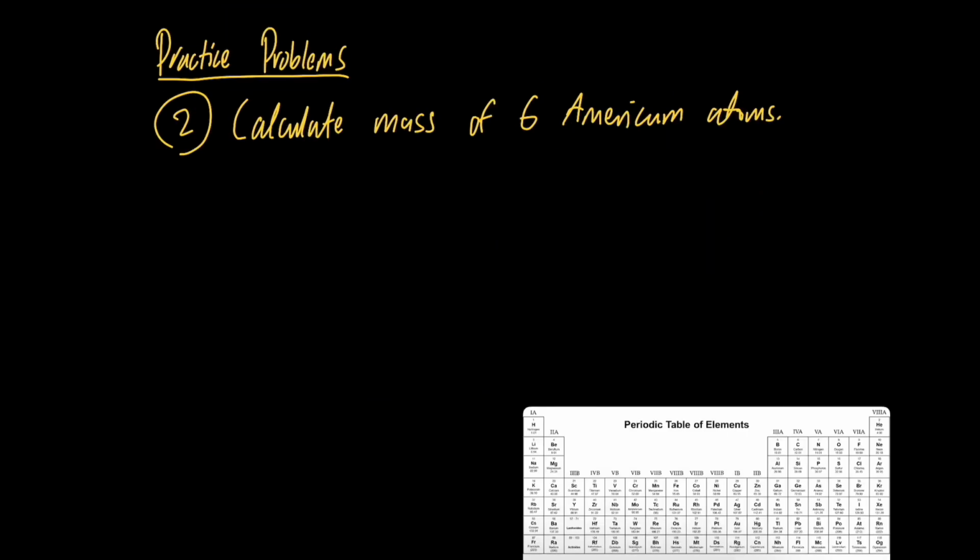Let's do one last practice problem together. Calculate the mass of 6 americium atoms. So whenever it tells you to calculate the mass, you always just assume it wants you to give the answer in grams. So we need to find out the molar mass of americium atoms, or how many grams there are in 1 mole.